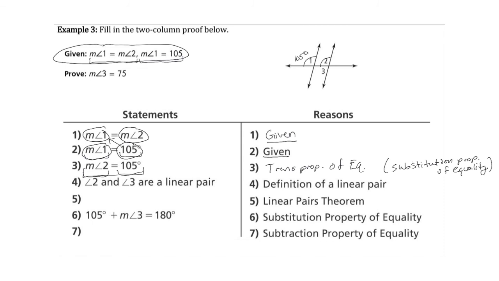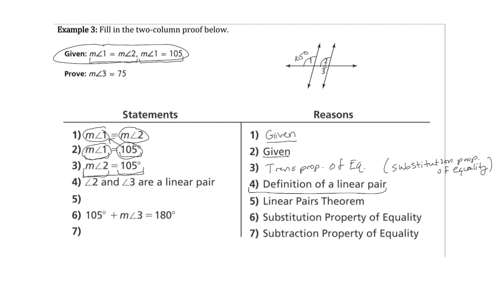All right, now the next step says that angle 2 and angle 3 form a linear pair. So that is by the definition of a linear pair.